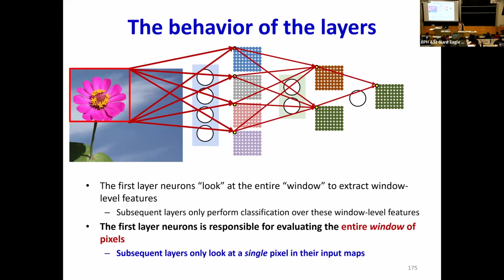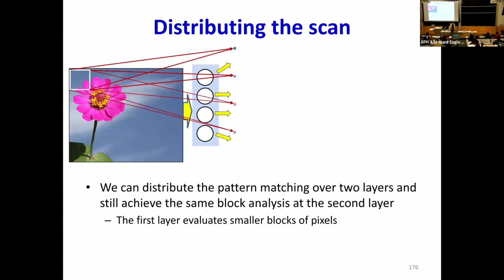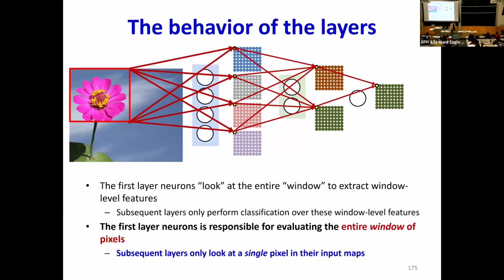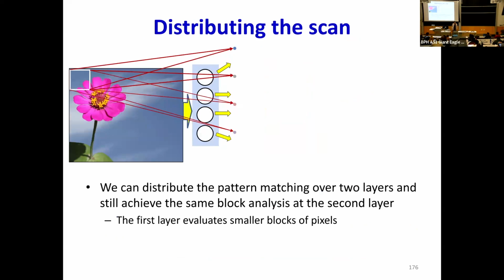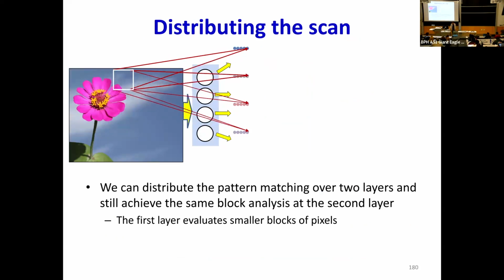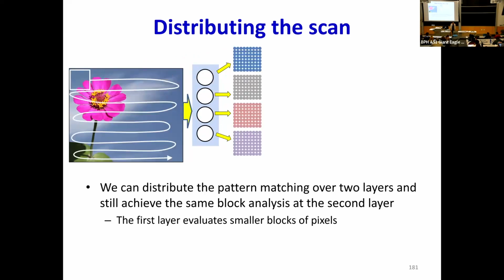Now, I can change things up a little bit. How so? I can distribute the scan. And I'll explain why this makes sense, right? Instead of having the first layer neurons look at the entirety of the input, and the second layer neurons just looking at one dot each from the 4 maps, I can have the first layer neurons look at a smaller window of the input like this one, and then scan the input with this window to create their maps, right?